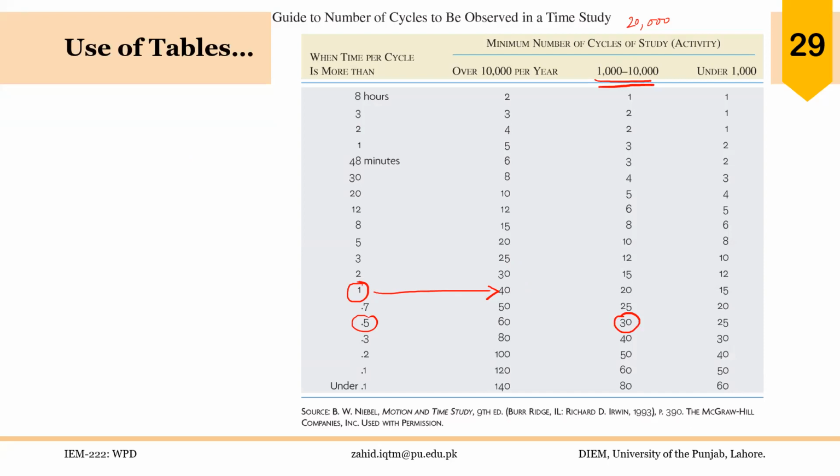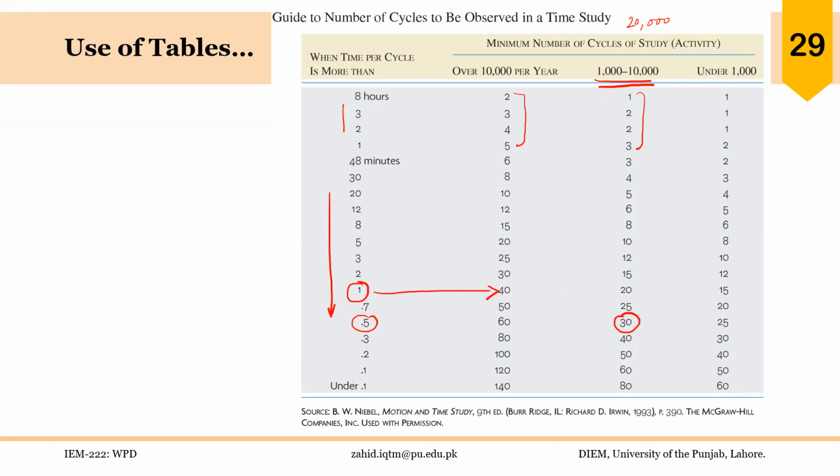The point here is that the larger the cycle time, at the top the cycle times are larger, the smaller will be the N, that is obvious. And as the cycle time reduces, N increases. You could notice this pattern in this table.